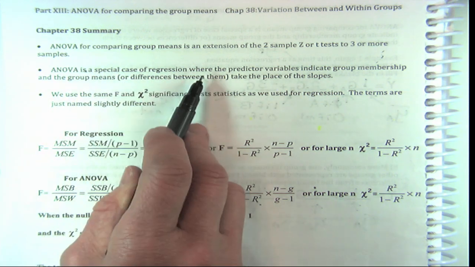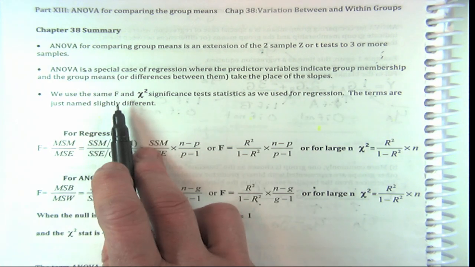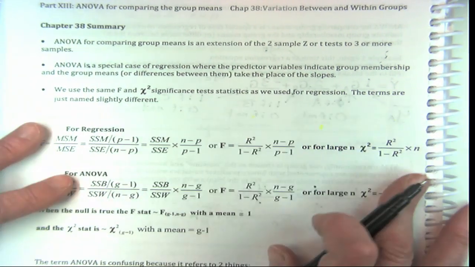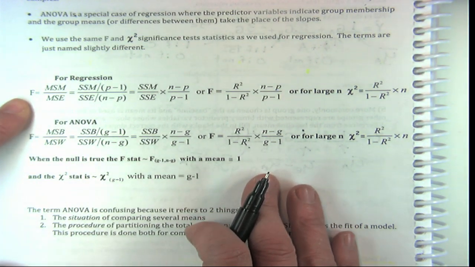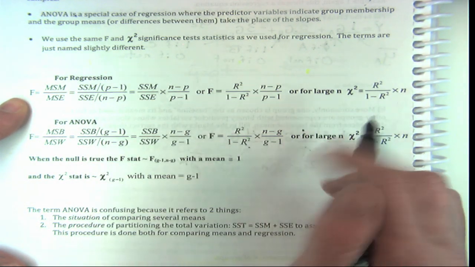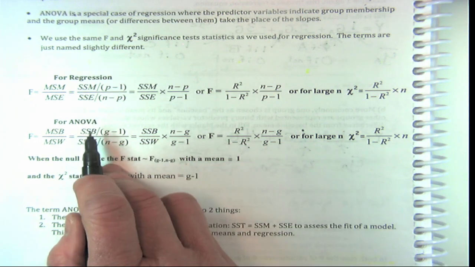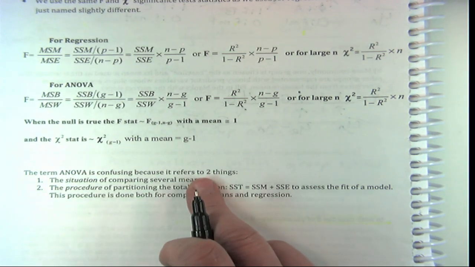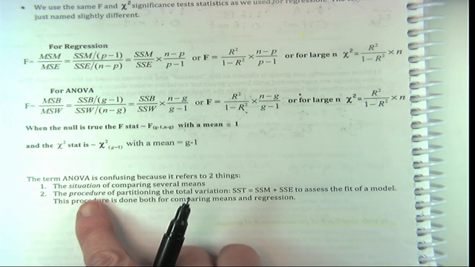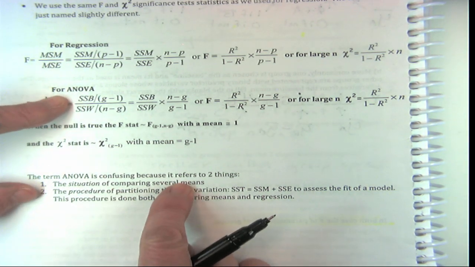So ANOVA is a special case of regression where the predictor variables are group membership. Okay, so this is the part I want you to look at. For regression, this is what we've been doing, and for large N, we've been getting this. For ANOVA, this is so confusing because this term refers to 2 things. When people say ANOVA, they usually mean comparing several means.